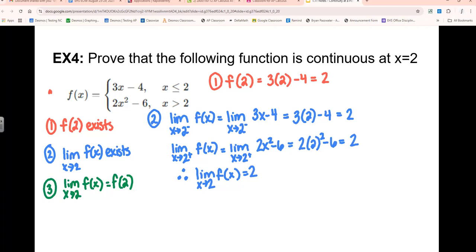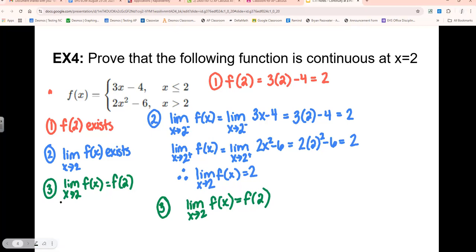Did we get the same number for both of those things? We did. So we just need to make a statement that the limit as x approaches 2 of f of x equals f of 2. And we have proven the three things that we need to prove for continuity.